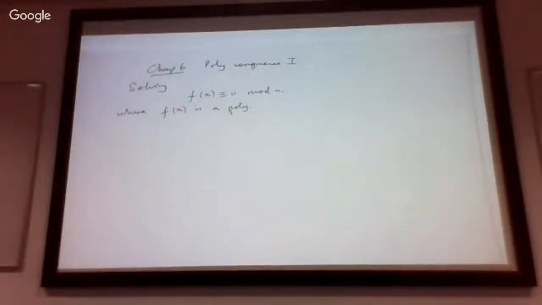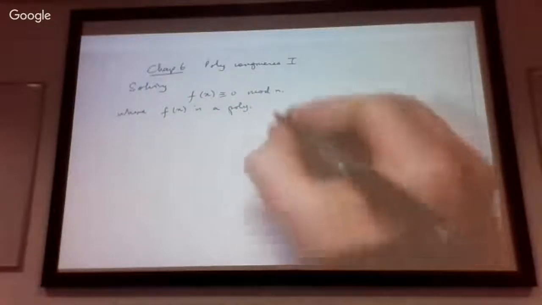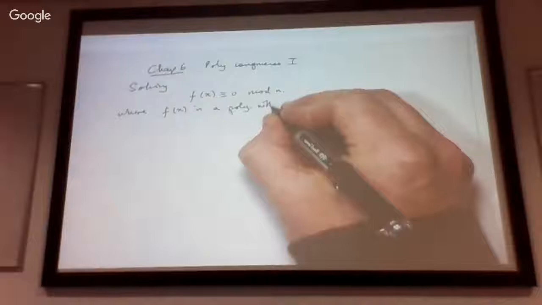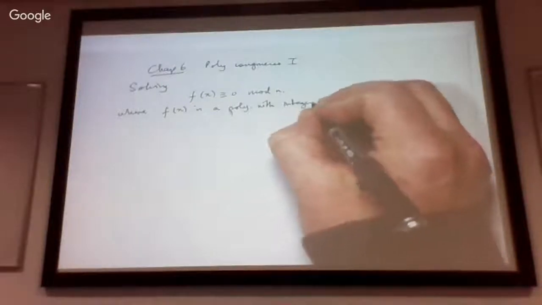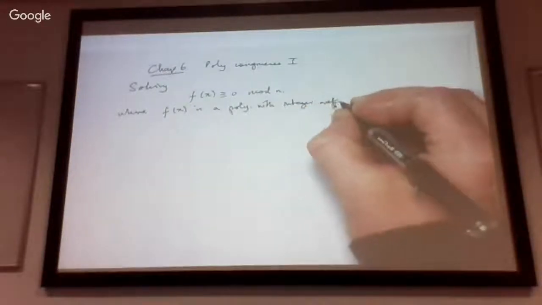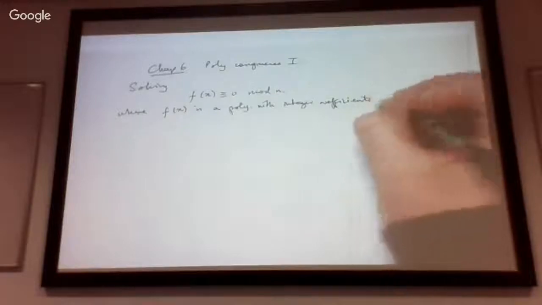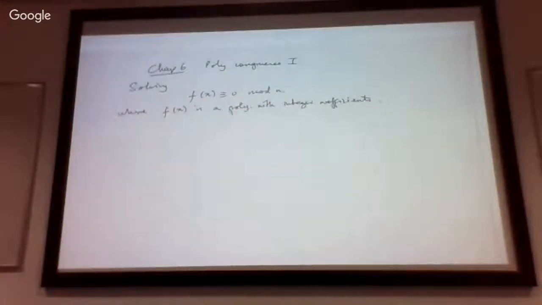Because we're doing number theory here in modular arithmetic, everything has to be integers. So f of x is a polynomial with integer coefficients. Whenever I say the word polynomial in this unit, it's polynomial with integer coefficients. I'm never gonna say it again.